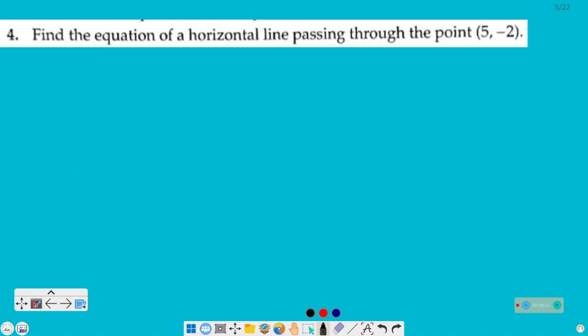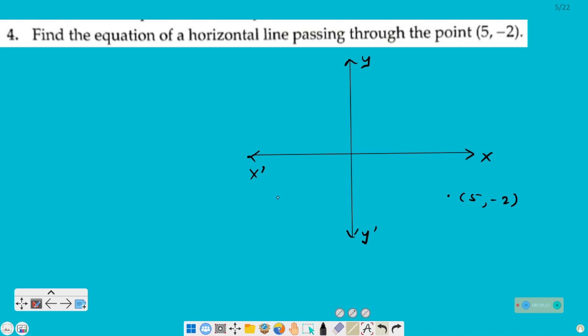Question number 4. Find the equation of horizontal line passing through the point 5, -2. Suppose this is the point 5, -2. We have to find horizontal line.